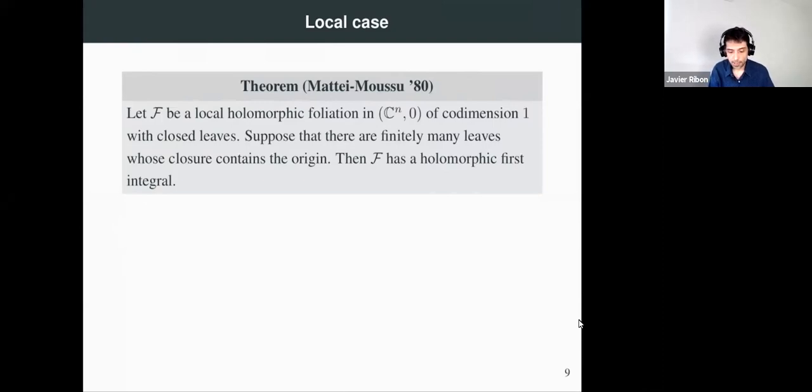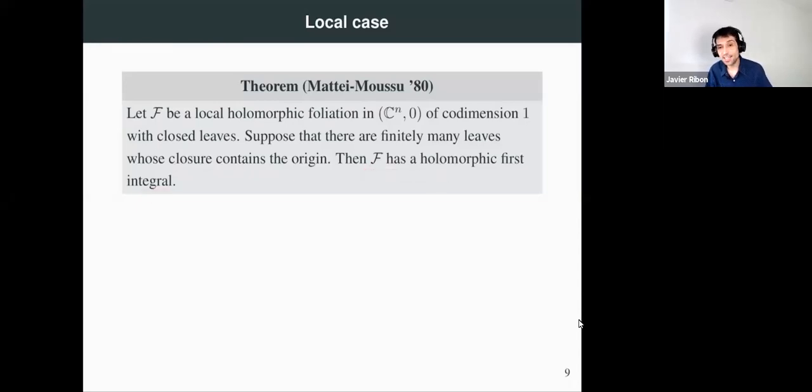If you have a holomorphic foliation defined in a neighborhood of the origin in Cn that has codimension 1, so the leaves have dimension n-1, they are immersed manifolds of dimension n-1, and we suppose that all leaves are closed with the definition that we gave, in other words, that the closure is analytic, then if on top of that we suppose that there are finitely many leaves whose closure contains the origin, then F has a holomorphic first integral.